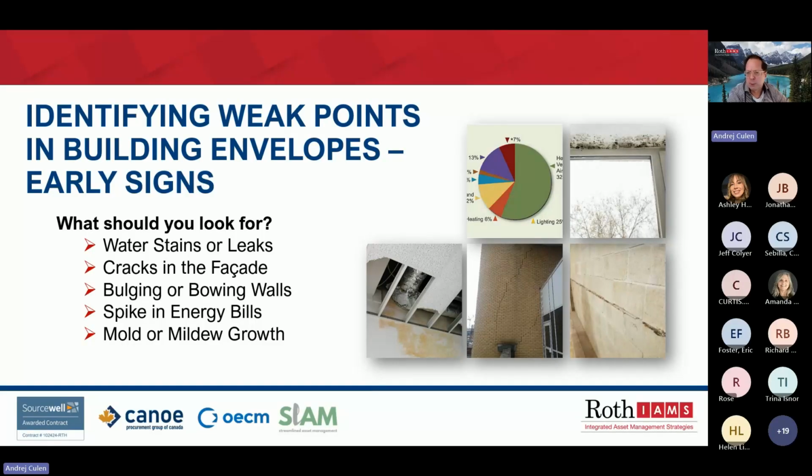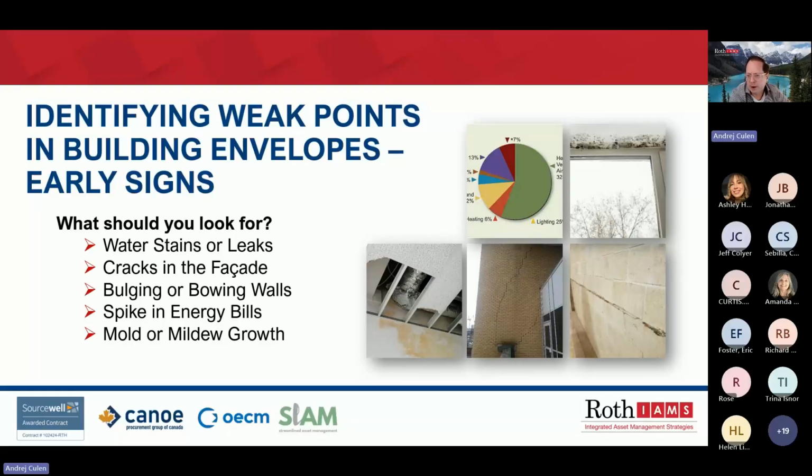So you also want to look for mold or mildew growth. Finally, the appearance of mold or mildew inside the building is almost always a sign that moisture is getting in where it shouldn't. While mold can be a serious indoor air quality issue on its own, it's also a symptom of an underlying building envelope problem that needs to be addressed.